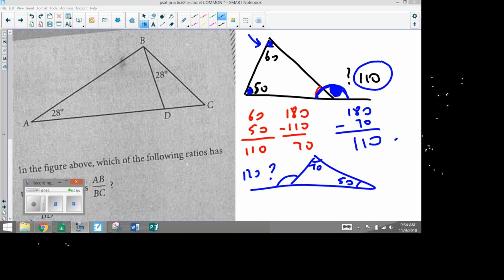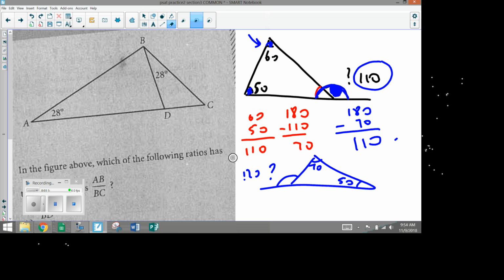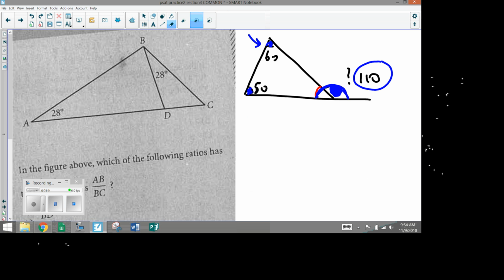So let me clean these up and then get back to our question. If I name this angle X, tell me the name of this angle here, Y, in terms of X and a number.